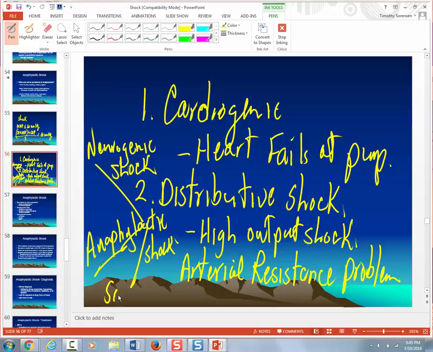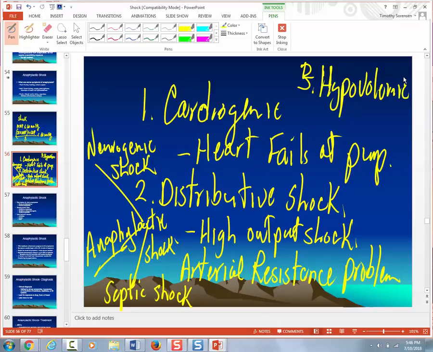And then you have septic shock. These are all forms of distributive shock. All right? And then you got number 3, which is hypovolemic shock.